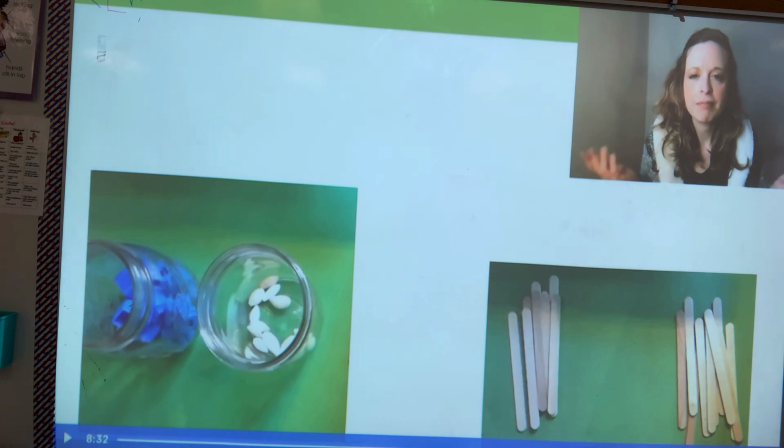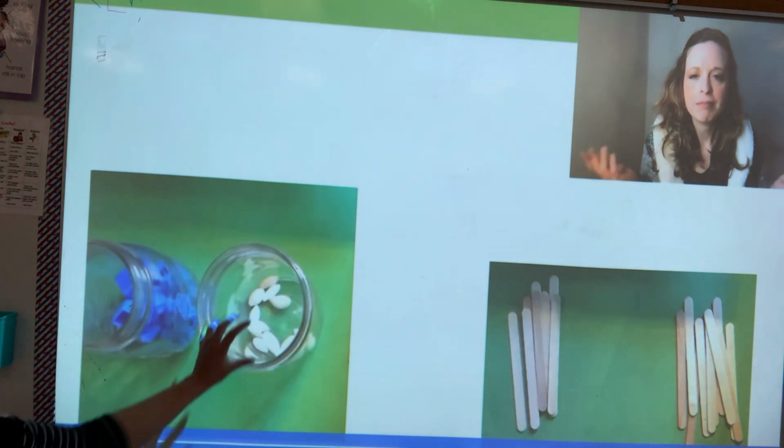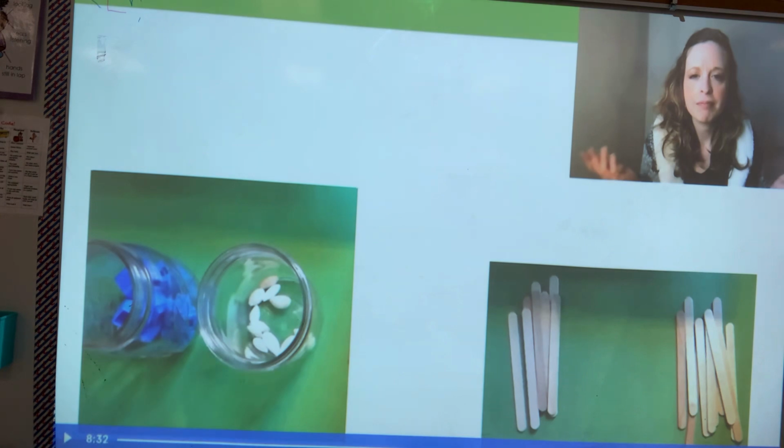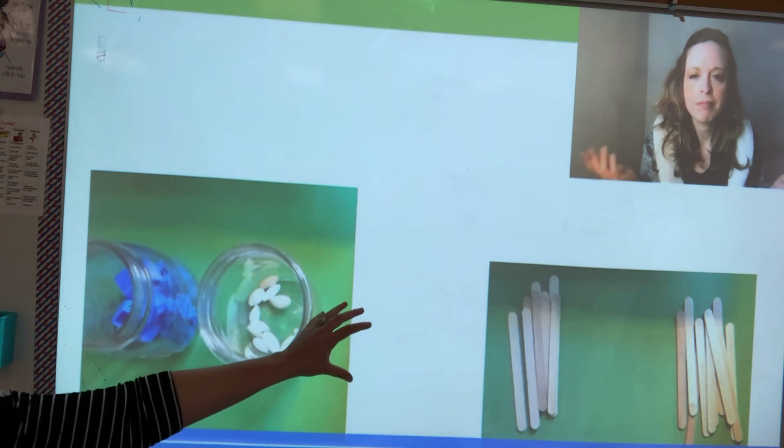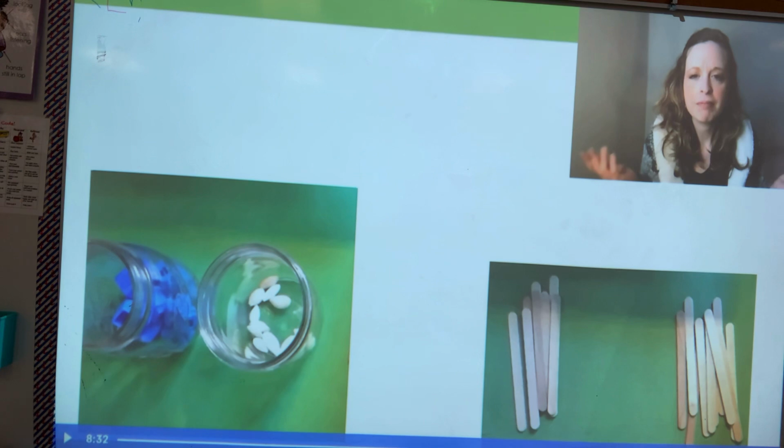It is 5. No, it's 10. They each have 10 in each pile. The jars have 10 cubes and 10 pumpkin seeds. And the sticks have a group of 10 and another group of 10. Very good. Thank you, Ryan.